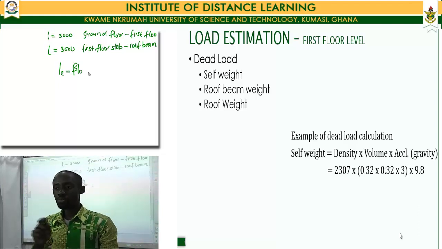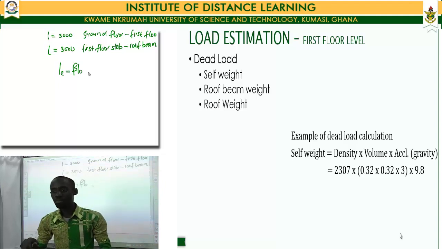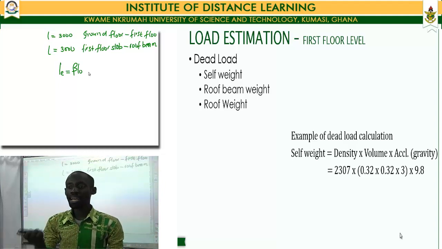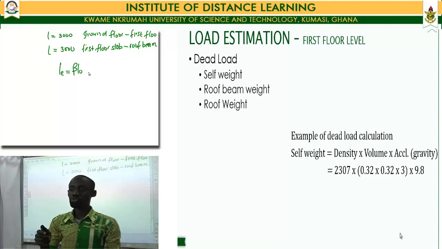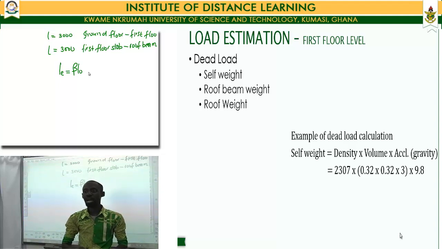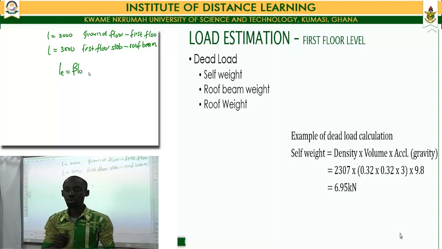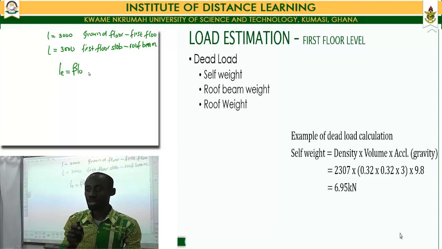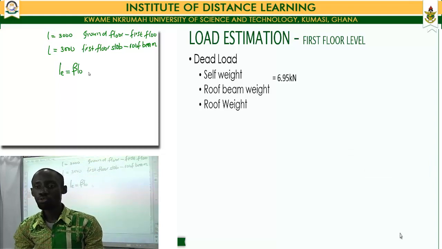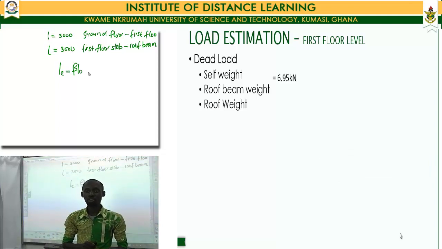Now for our density, as we picked from our BS code, it was 2307 multiplied by the volume of our column, which is the cross-sectional dimension that we calculated as 0.32 by 0.32 by the total length of the column, which is 3 meters, multiplied by our acceleration due to gravity, which is 9.8, giving us a total weight of our column of 6.95 kilonewtons. So the self-weight of our column has a value of 6.95 kilonewtons.